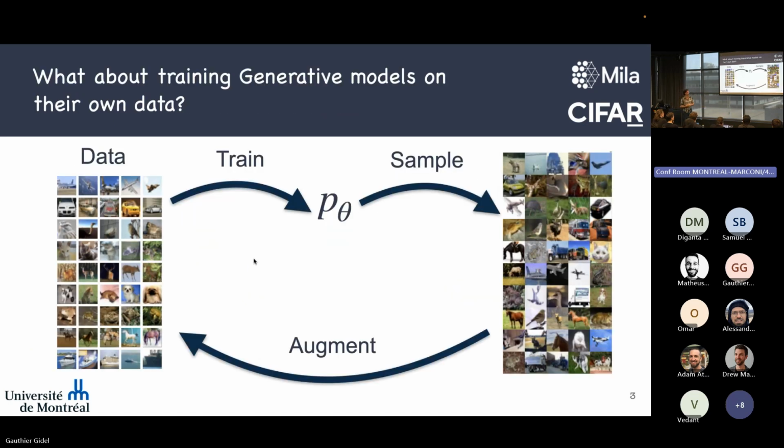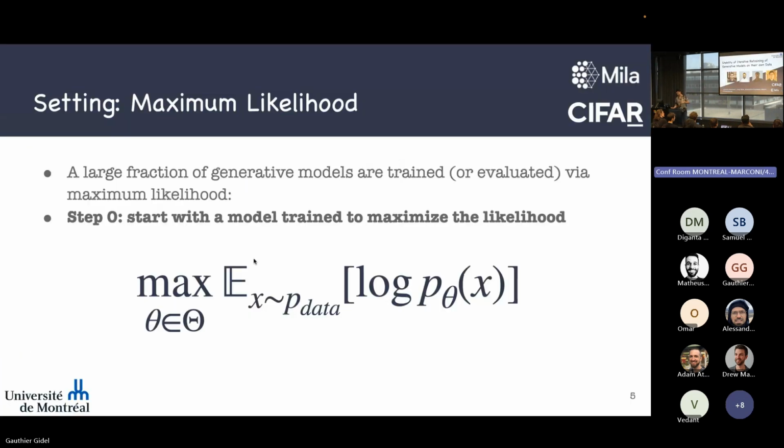So yeah, the idea is the following. We will try to study, basically, we will propose a sort of toy model for the impact of synthetic data on the training. And this model is the following. We have some data, we train a model, we sample, and we use these new samples to retrain the new model. And in particular, the theoretical framework we will use is maximum likelihood estimation.